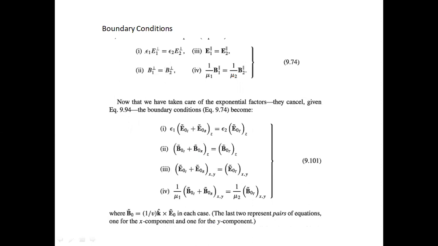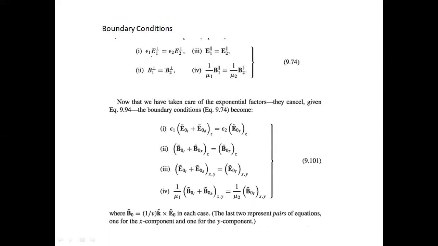So when these boundary conditions are applied here, you can see that there is no free charge or current, so there is no discontinuity in the components. When we apply these boundary conditions to our case, we get this set of equations.